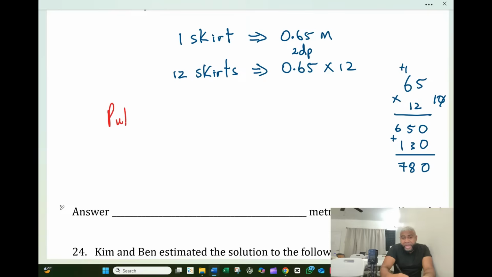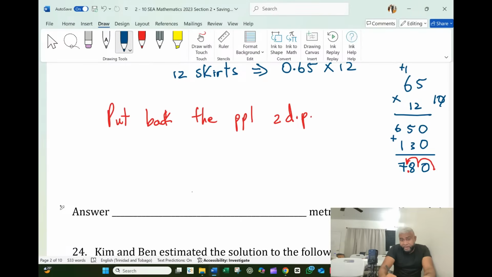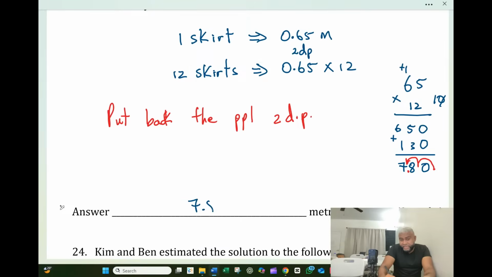Put back the 2 decimal places. The decimal point is understood to be behind here, so we move it 1, 2. So this answer will now be 7.8 meters. 7.8 meters will be my final answer. Everybody get that?